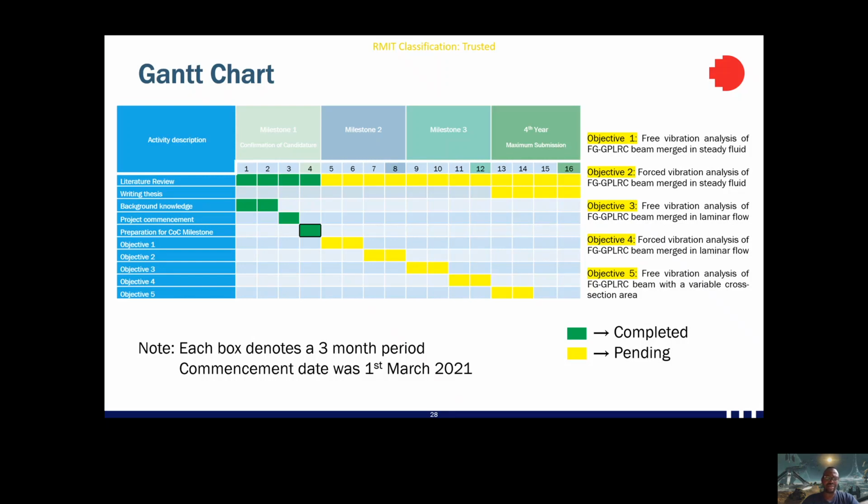And then the past 3 months was spent preparing for this conference in terms of this presentation as well as the research proposal. And then I've divided the remaining period I have in this PhD amongst the different objectives I have. I've allocated 6 months to each one, and I'll see how I go from there.